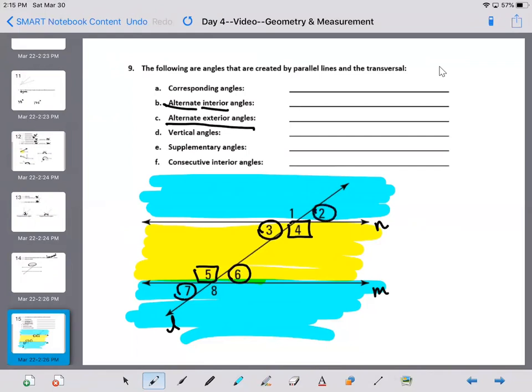Notice that they're both exterior, they're both acute, and they're both on alternating sides of the transversal. Angle 8 and angle 1, we'll say they are congruent. How so? Well, angle 1 is obtuse, angle 8 is obtuse, and they're both alternate exterior angles. And we know that alternate exterior angles are equal.